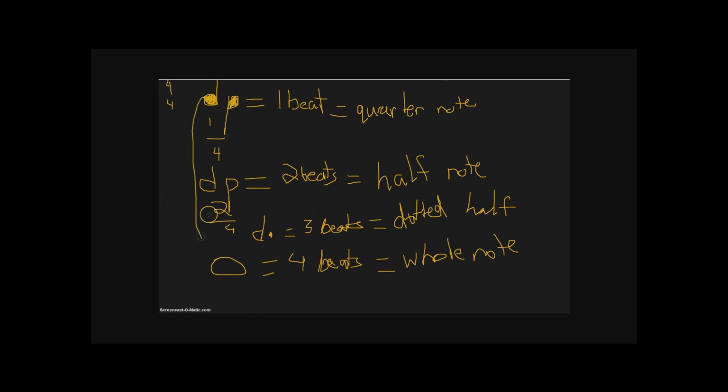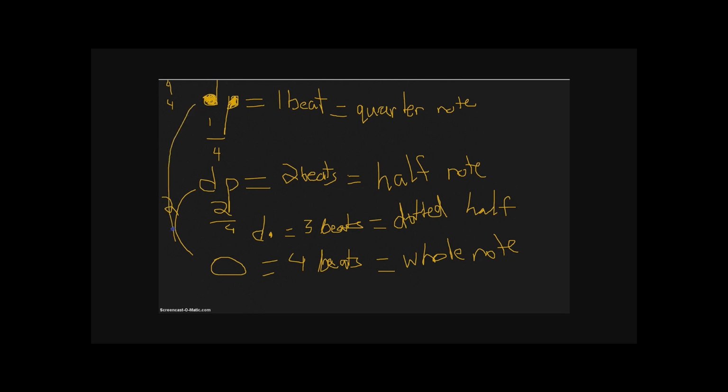Okay, so let's review. Let's think together for ourselves. This is equal to 2 beats, and this is equal to 4 beats. 2 plus 2 equals 4. So how many of these would be in this? Yeah, you guessed it. It was 2 of these. And then how many of these 1 beats would be in this 4 beats? 1 plus 1 plus 1 plus 1 would equal 4, right?